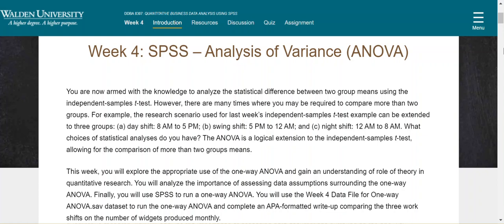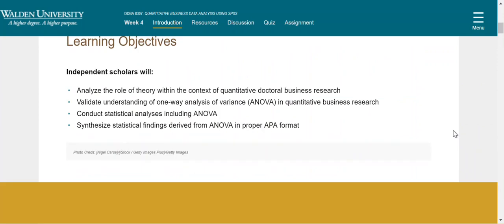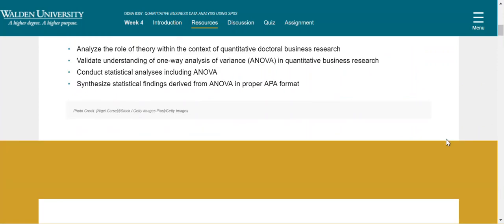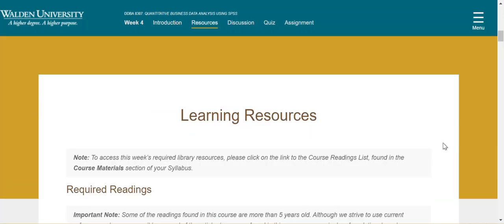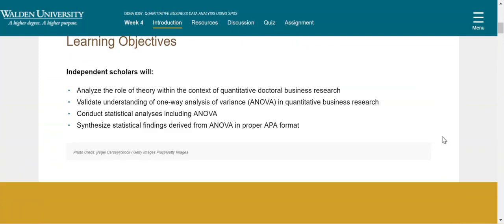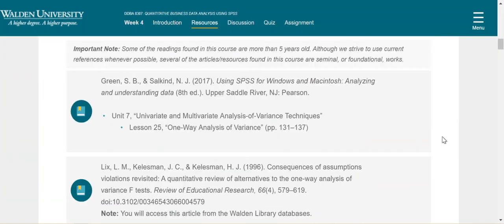Each of those is a different level within one variable, the category of work shift. As you see, there are more than two levels, so we couldn't do an independent samples t-test; we'd have to do a one-way ANOVA.